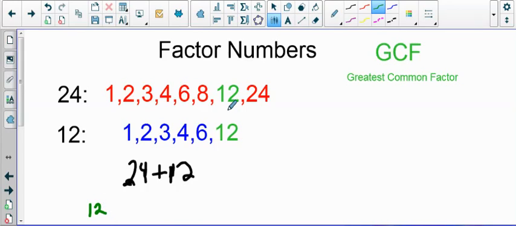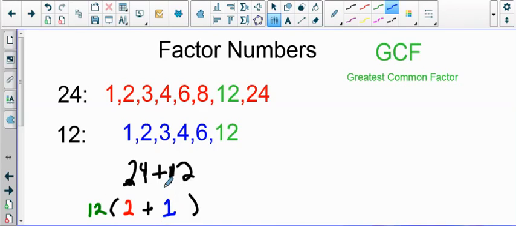Then what I'm going to say to myself is, it's always going to look like this form right here. It's going to be 12 times something plus something. And this is how I do this. 12 times what is 24? 12 times 2 is 24. And then I say to myself, 12 times what is 12? Well, 12 times 1 is 12.